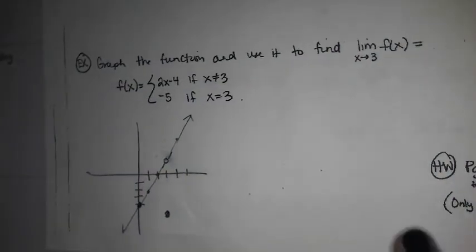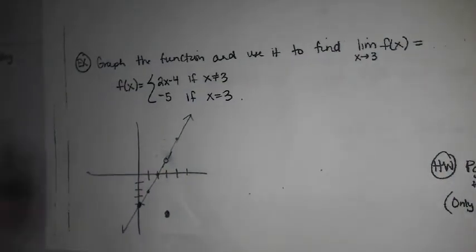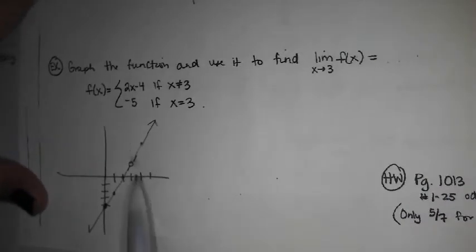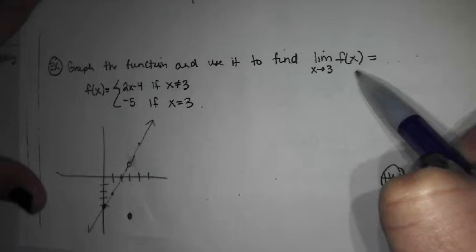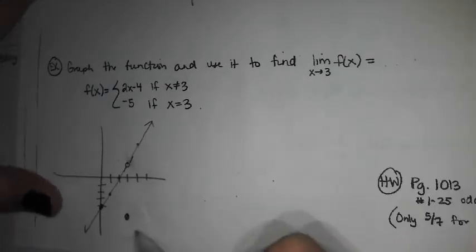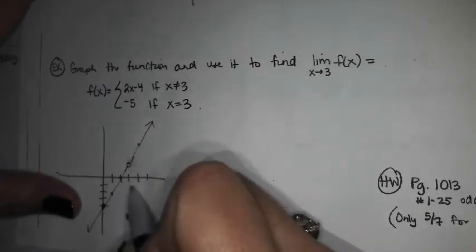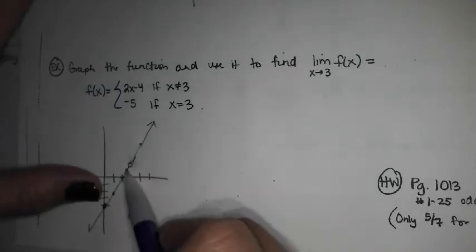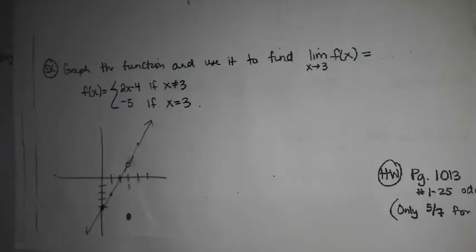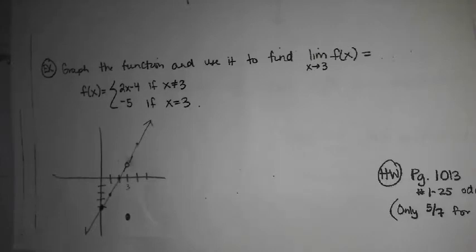So here's kind of a piecewise function with a hole. So the limit of our function as we approach 3, as you approach this x value of 3 from the left, what is your y value approaching? Nope. 2. How'd you get that, Adam?